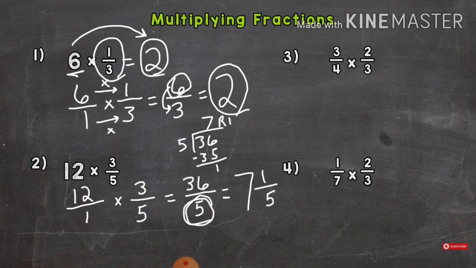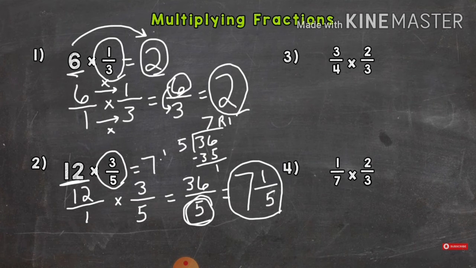So we bring that 5 over. So 7 and 1/5. Again, we started with 12 and we multiplied by something less than a whole, so our answer decreased in value relative to what we started with. And that's okay because we multiplied by something less than 1 whole.